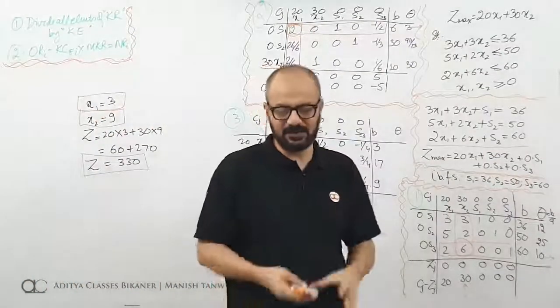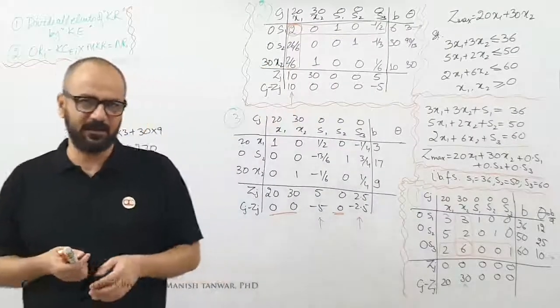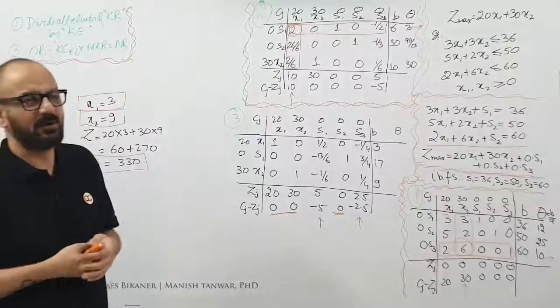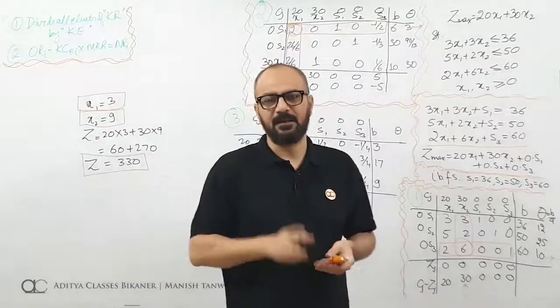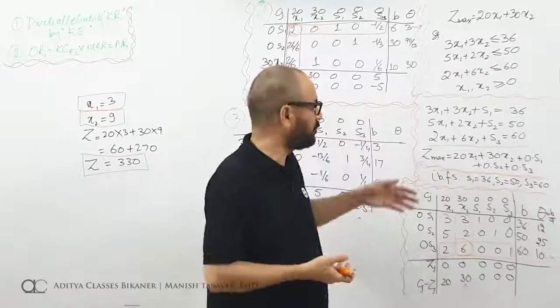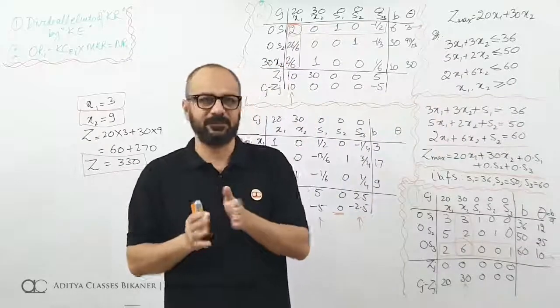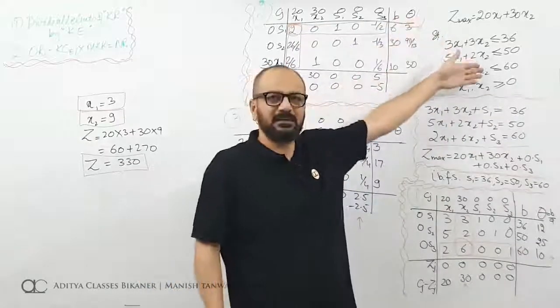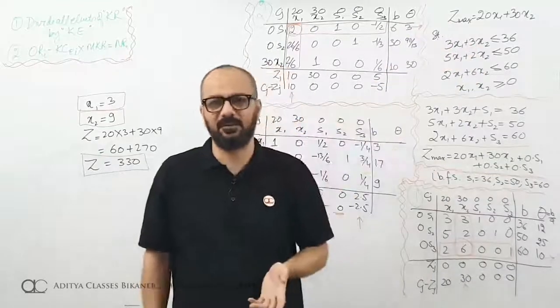Hopefully this will be our last one where we talk about maximization and less than type inequalities. Next time when we meet, we'll talk about greater than type of inequalities. Now remember, maximization has got nothing to do with less than type of inequalities. It generally so happens that maximization comes with less than, but maximization can also have greater than type of inequalities.